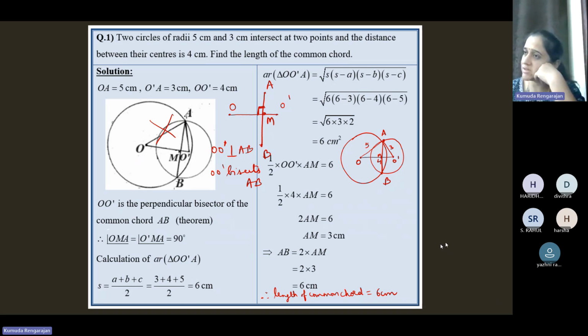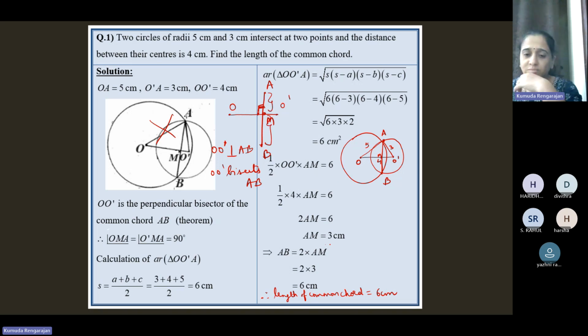O dash is the line segment joining the centers. Now, according to a theorem, O dash is perpendicular to AB. That means it makes 90 degrees. Also, O dash bisects AB, cuts AB into two equal pieces. And by this figure, the two equal pieces are AM and MB.